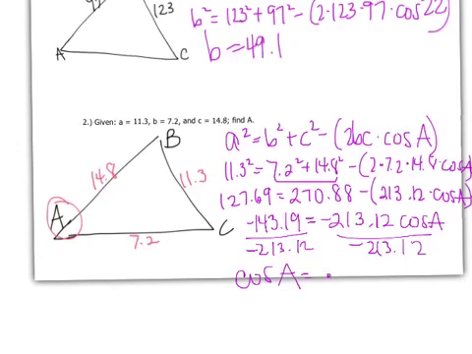I'm getting 0.671875. We want to take the inverse cosine of that number. And finally, we have our angle measure.